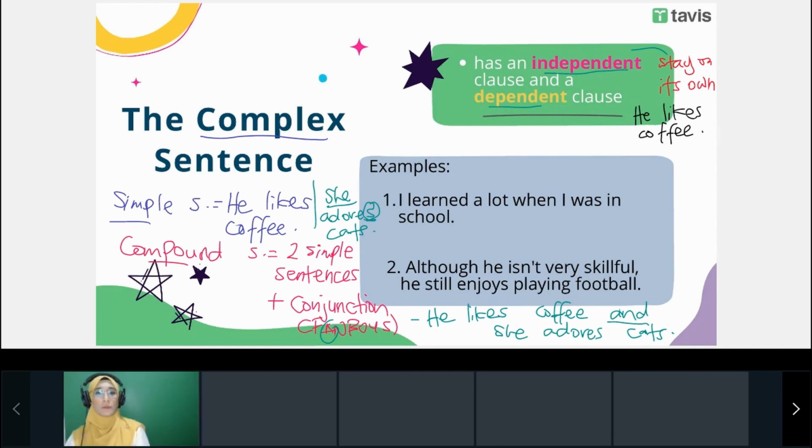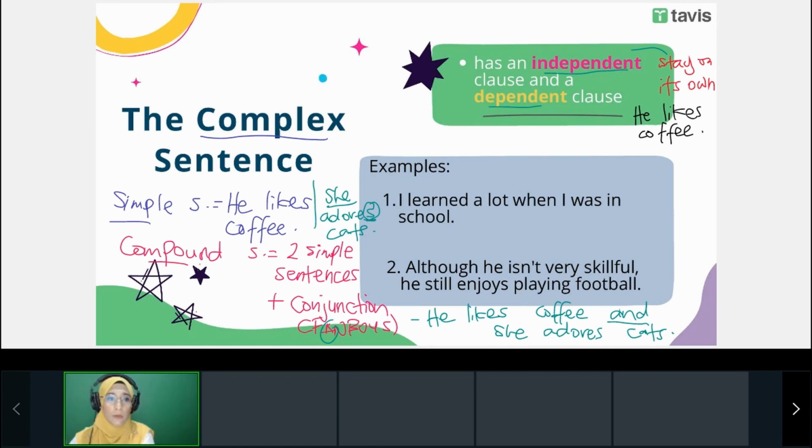But you need to have a dependent clause. This dependent clause has to attach with this, whereby you need to have another conjunction. We call it a subordinator.